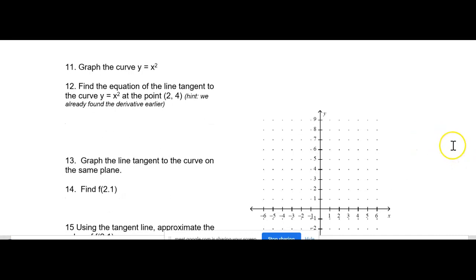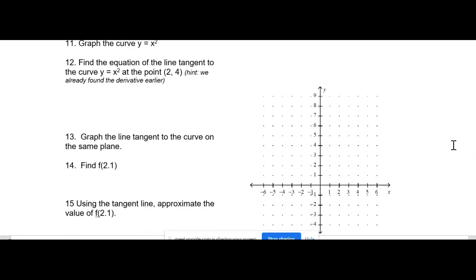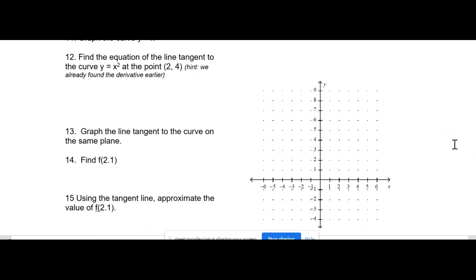All right, last page. Number 11. Go ahead and graph y equals x squared on the graph that I gave you. Do it pretty accurately, and by accurately, 0 squared is 0, 1 squared is 1, 2 squared is 4. Don't just sketch it. And then 3 squared is 9. If we go to the other side, -1 squared, -2 squared, and -3 squared.